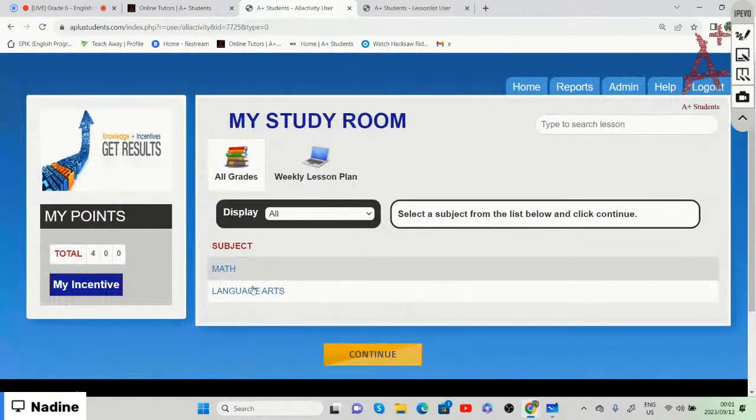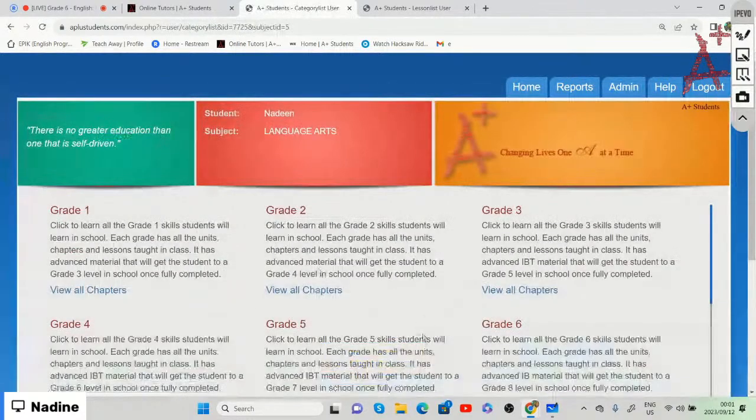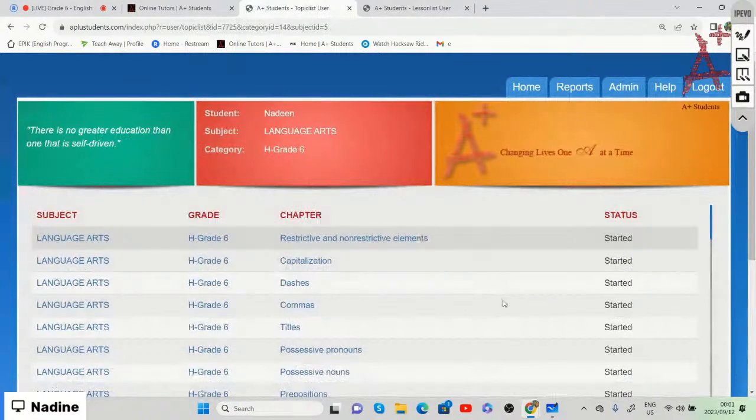We're going to select the subject of language arts, grade 6. All right, so the first lesson that we are going to be choosing is restrictive and non-restrictive elements. So our focus chapter is restrictive and non-restrictive elements, right?